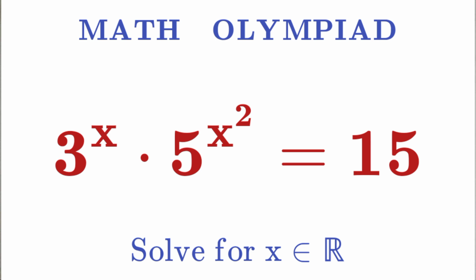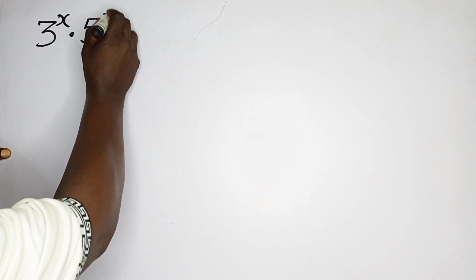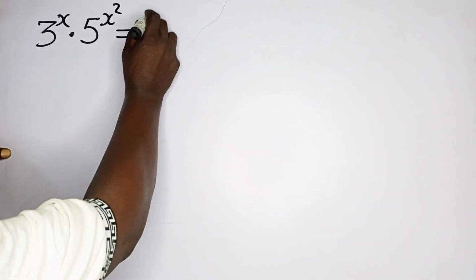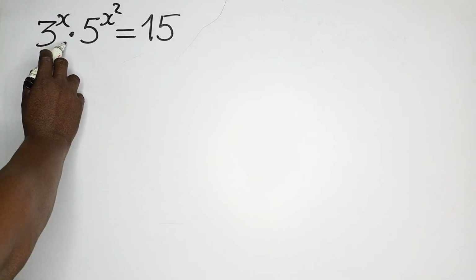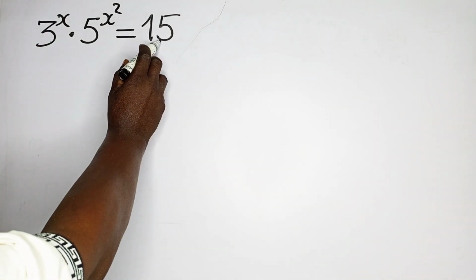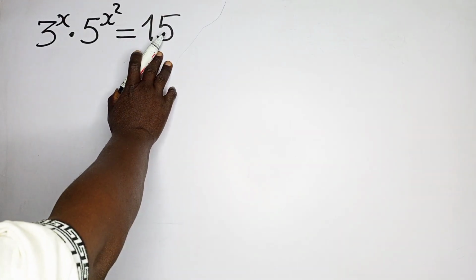Okay, 3 to the power x multiplied by 5 to the power x squared is equal to 15. The left hand side is a product, so it will make sense if we write 15 as a product of its factors.